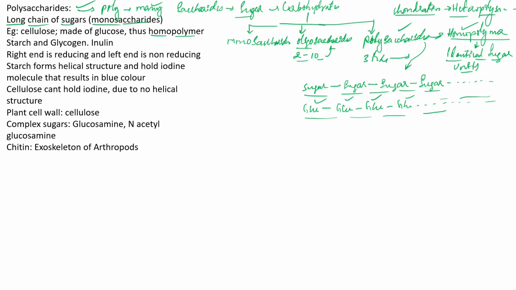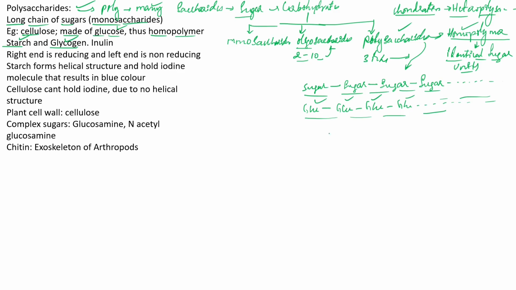And here we have examples. The first one is cellulose, which is mainly made up of glucose. Two more examples, which are similar to cellulose with respect to the sugar unit that is used, are starch and glycogen. Now remember, starch and glycogen are also similar to cellulose, but the main difference is that starch is mainly used as the food storage material in plant cells, and glycogen is mainly used as a storage material in animal cells.